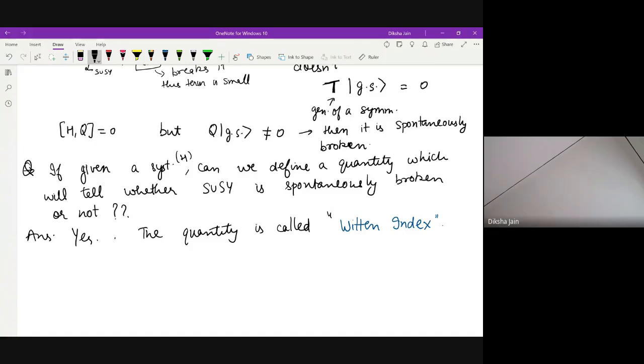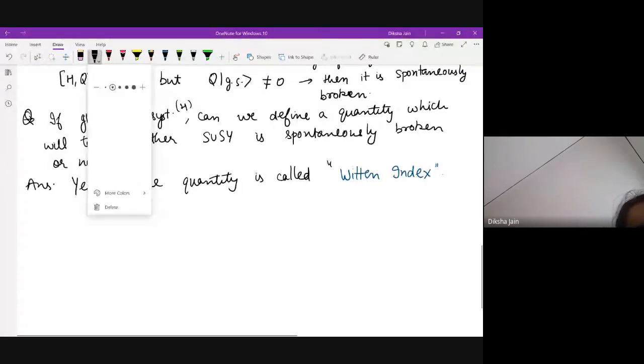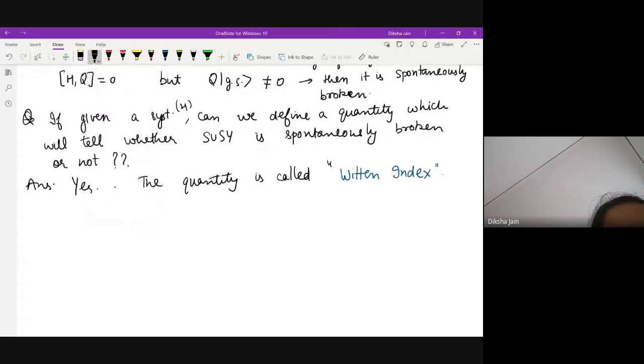Okay. So if I want to check whether the ground state preserves SUSY or not, what does it mean to check?